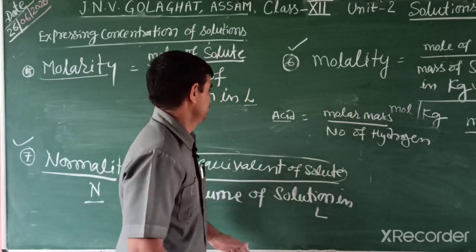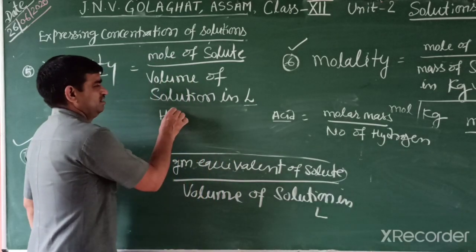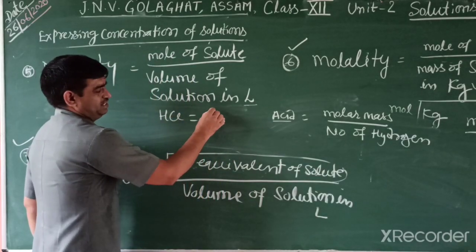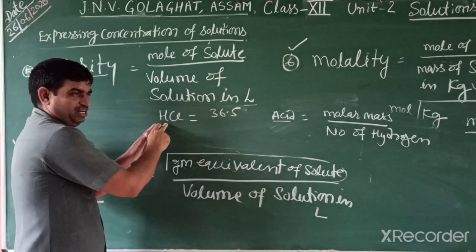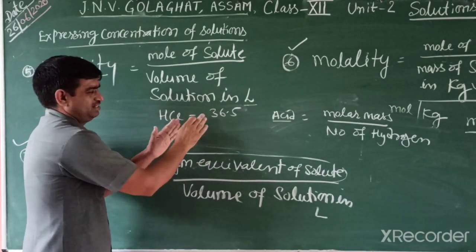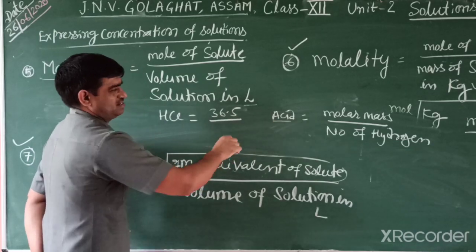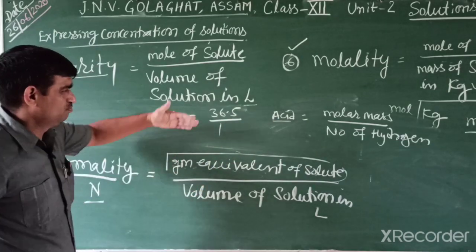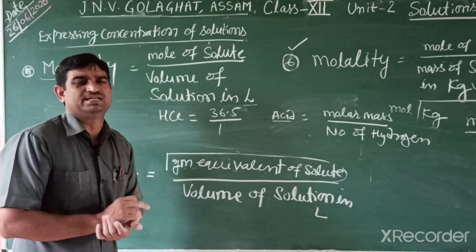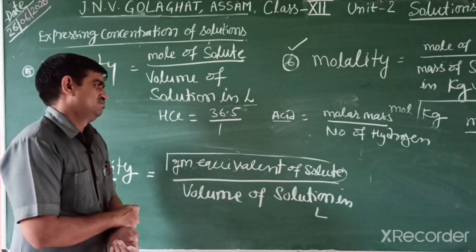For example, HCl. The HCl molar mass is 36.5: H is 1, chlorine 35.5, total 36.5. But the number of hydrogen, the basicity, is 1. So its molar mass and equivalent mass are both equal.